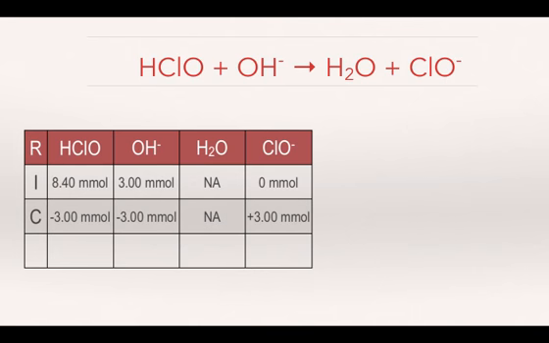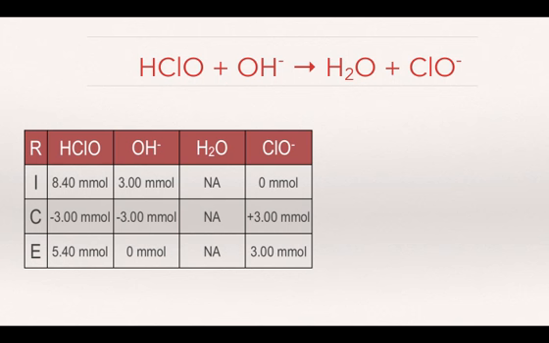Because the reaction is a 1-to-1 ratio, we will use 3 millimoles of hypochlorous acid, we will use 3 millimoles of hydroxide, and we will produce 3 millimoles of hypochlorite ion. So at the end of this reaction, we will have 5.40 millimoles of hypochlorous acid, and we will have 3 millimoles of hypochlorite ion.